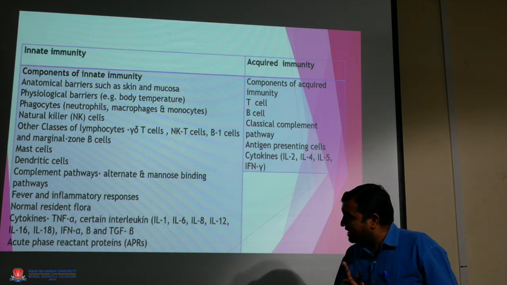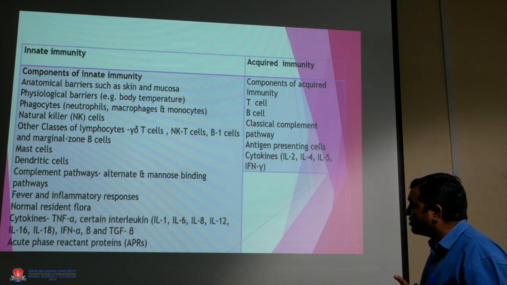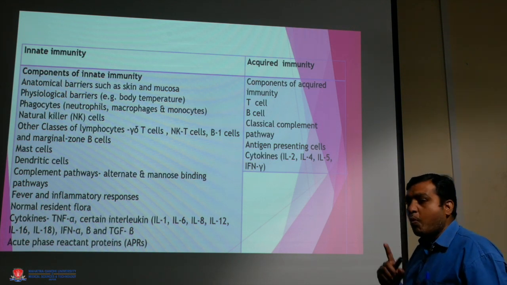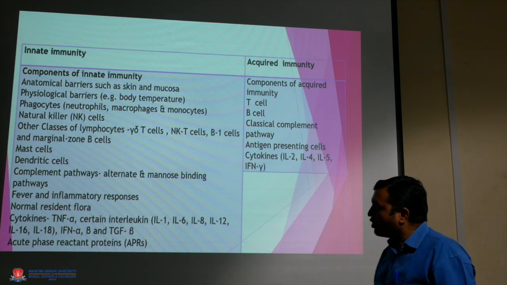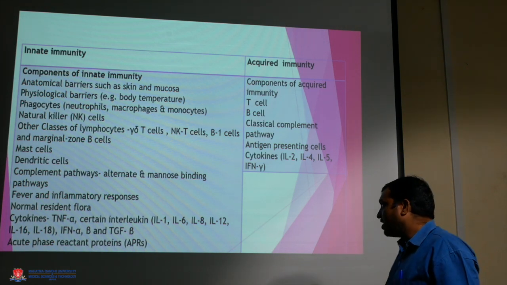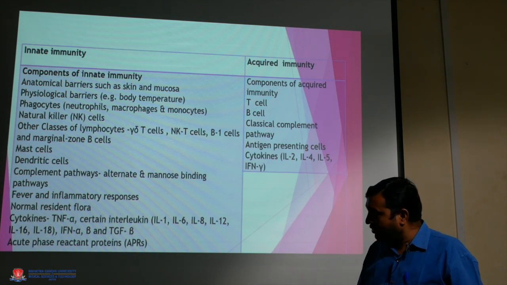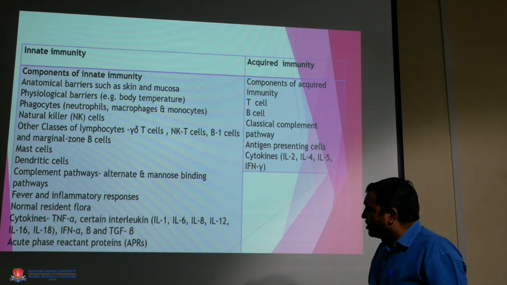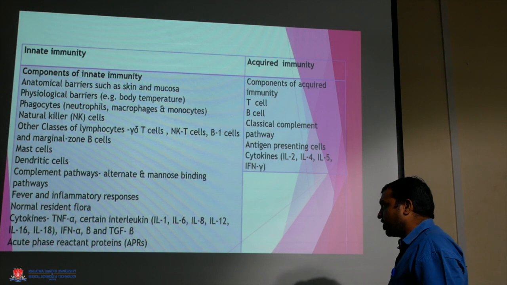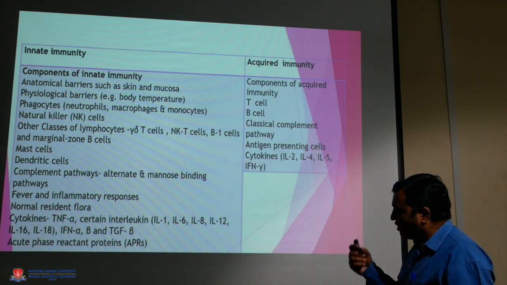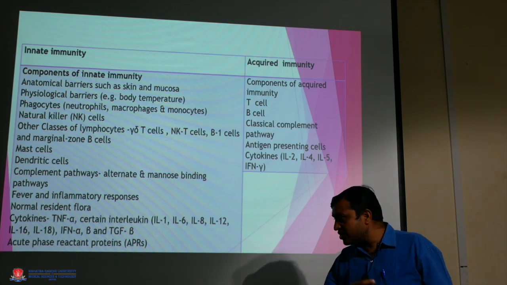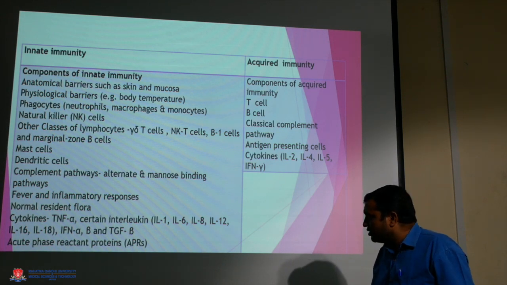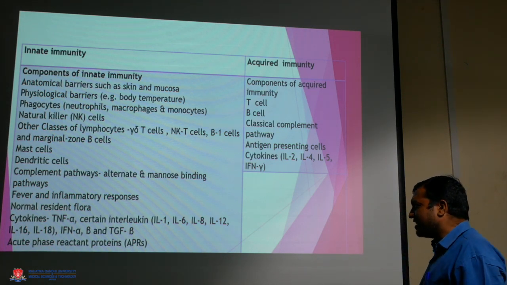Third, natural killer cells, other classes of lymphocytes, natural T cells, B1 cells, marginal zone B cells, mast cells, dendritic cells, and the complement pathway, alternate and mannose binding pathway, fever and inflammatory response, normal resident flora, cytokines, TNF alpha, interleukin 1, interleukin 6, interleukin 12, interleukin 8, interleukin 16, interleukin 18, interleukin 5, TGF-beta, and acute phase reactant proteins.